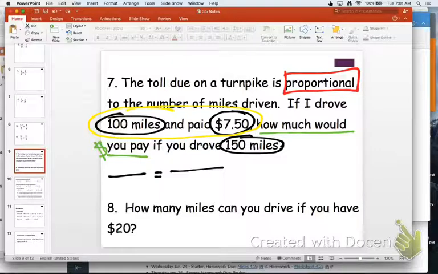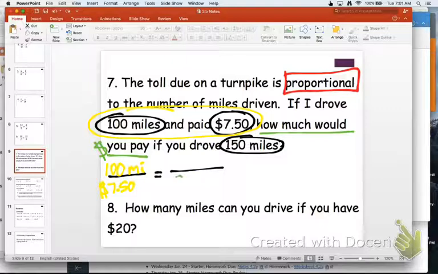So I'm going to write 100 miles, and then I'm going to put $7.50 down there. So if I have money down here on the first one, I need to do money again. I know I'm trying to find money. Let me do that in green.